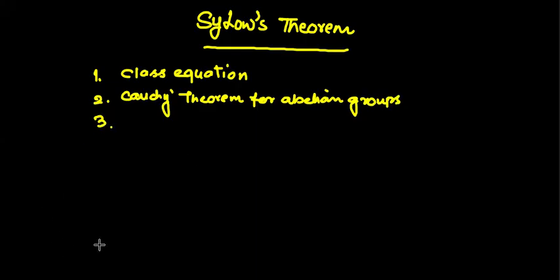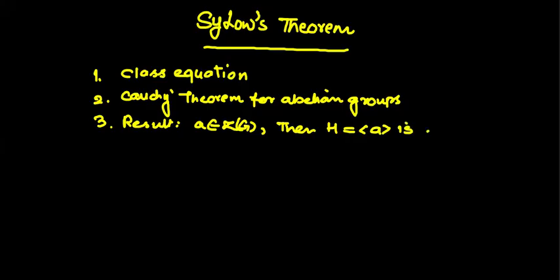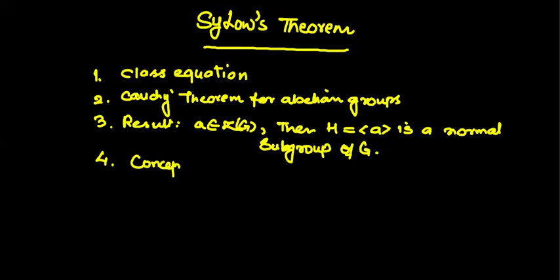Third is a result. A result says: if a belongs to Z(G), then H generated by a is a normal subgroup of G. Then fourth is the concept of quotient group.